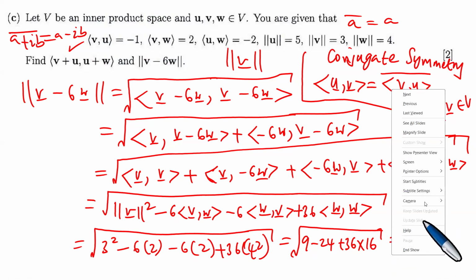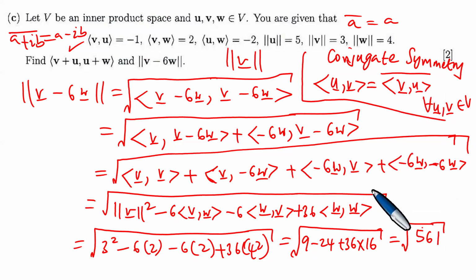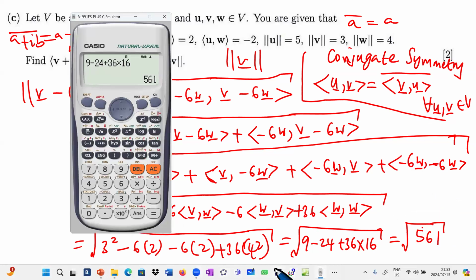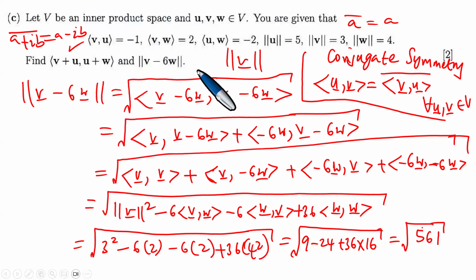If you take the square root of 561, you can see it's going to be quite a decimal.